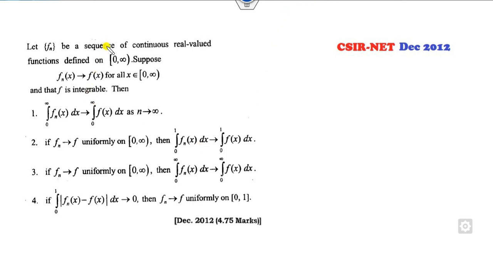Okay, what is that? f_n is a sequence of real valued functions such that f_n converges to f for all x. It is not given that it is uniformly convergent, and it means this is pointwise convergence, and f is said to be integrable. Fine. So very simple.